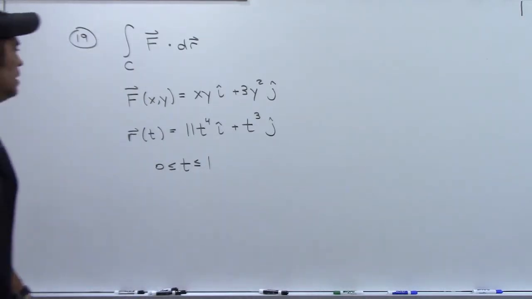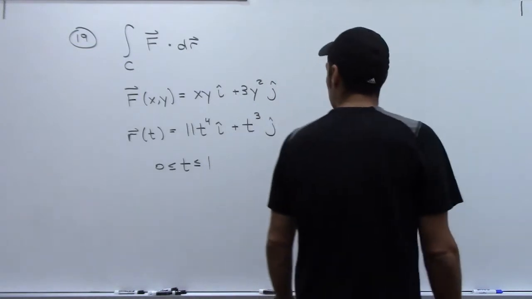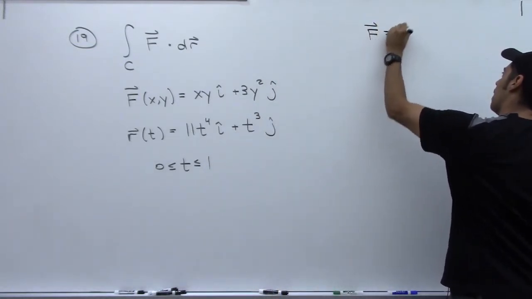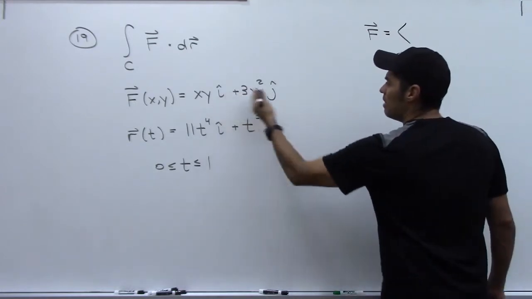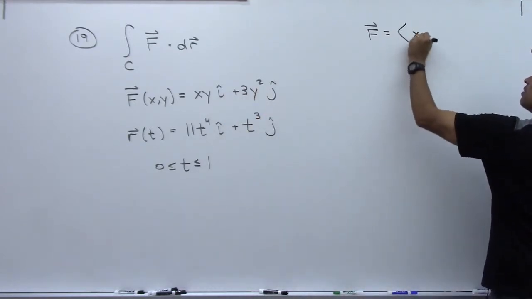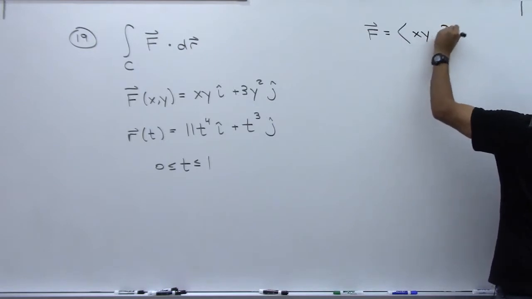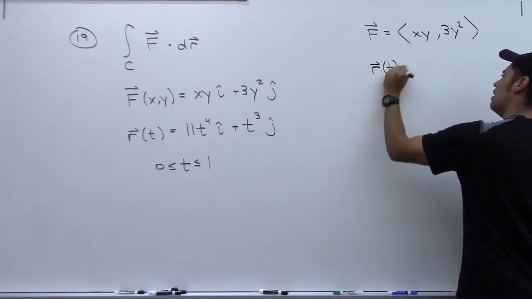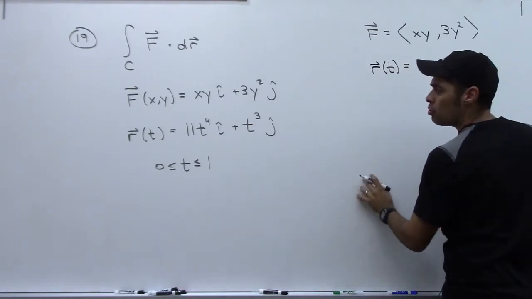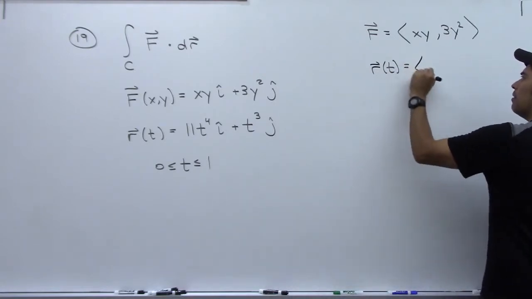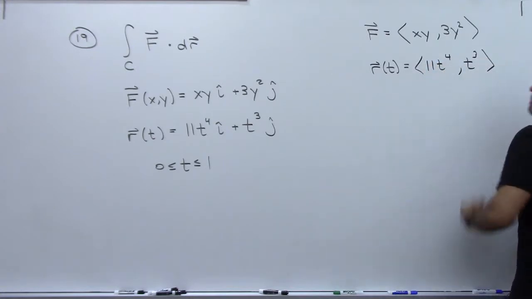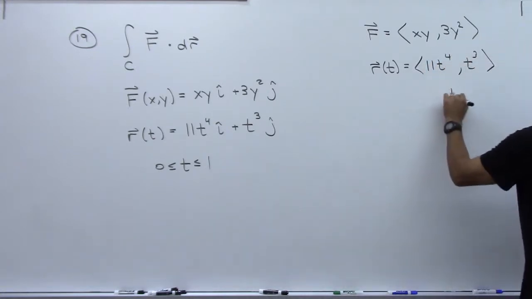Okay. Let me get some stuff in order here first. I'm going to rewrite F the way I did in class. I'm going to write it as a vector, so it's i and j, those are your components: x y, 3y squared. r of t is, again, two components, 11t to the fourth, t cubed. And then, of course, t is between 0 and 1.